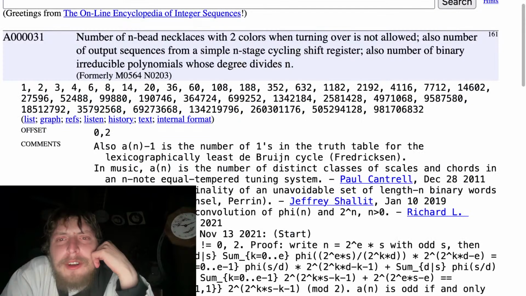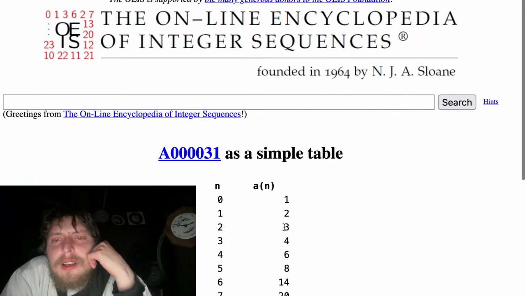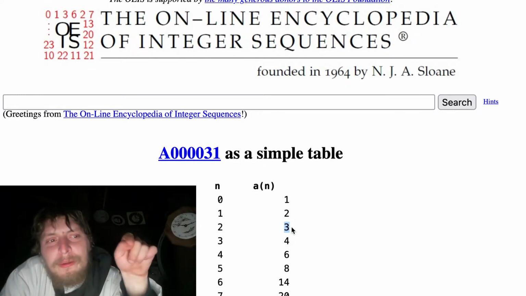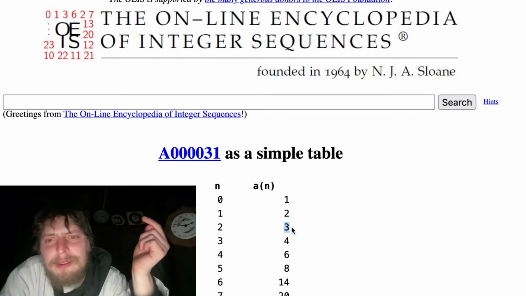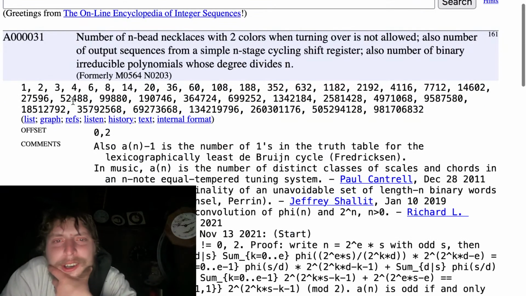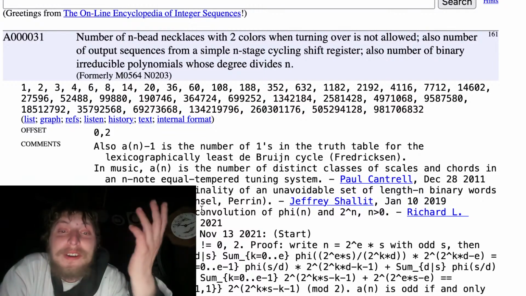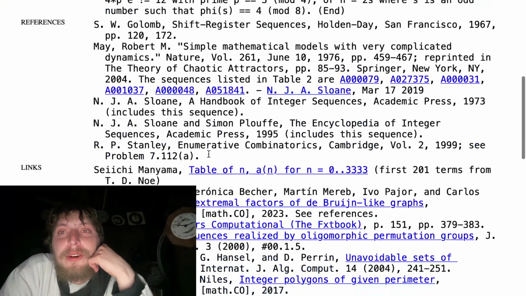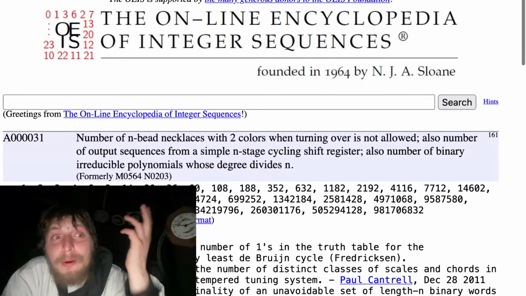Because if turning over is not allowed, shouldn't it be 1, 0, 0, 1, 1, 1, or 0, 0? I must be missing something, because that would be a much more obvious pattern. Let's see. I'll have to look more into this later. Sounds pretty cool. That's apparently one of the core sequences.